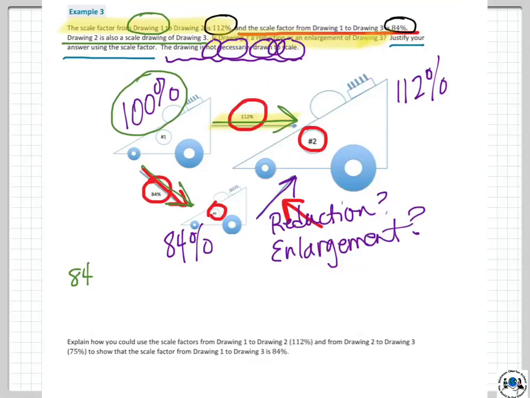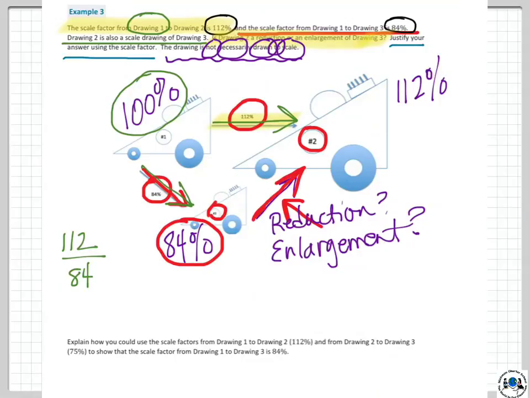So if we do that, we have 112 over 84. Where do those come from? They come from right here. We have 84% here, and now we are trying to go from 3 to 2.